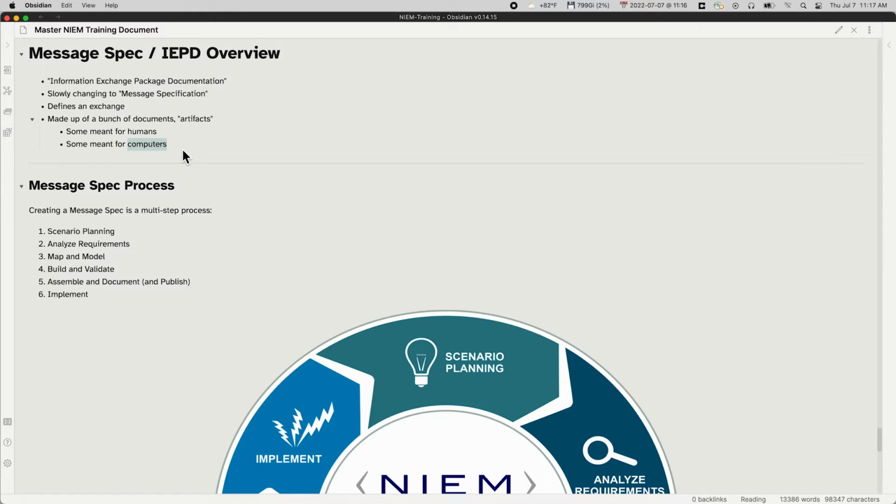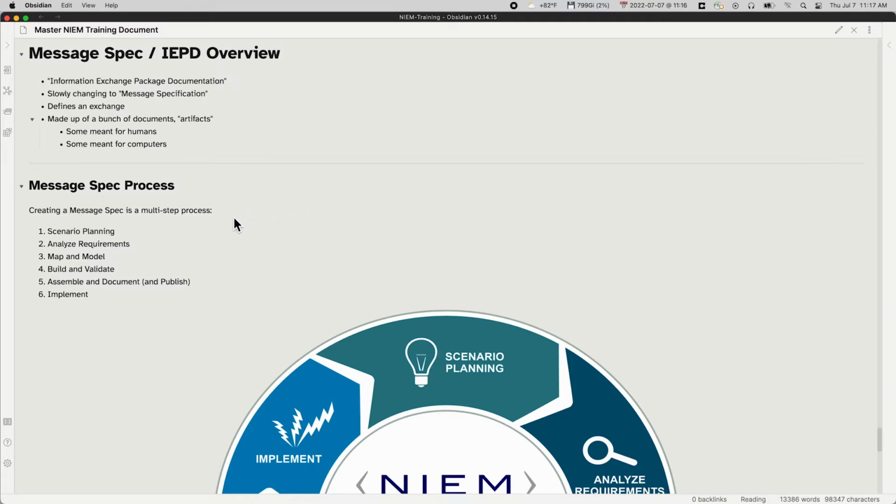Other of the artifacts are meant for computers primarily. Those would be the XML files, XML schema, things like that. We can look at them and understand them, but they're meant for computers. That's what XML is really meant for, computers to understand, but we can still read them. And the whole process is all about coming up with these artifacts and describing what a message needs to look like. That's the whole idea.